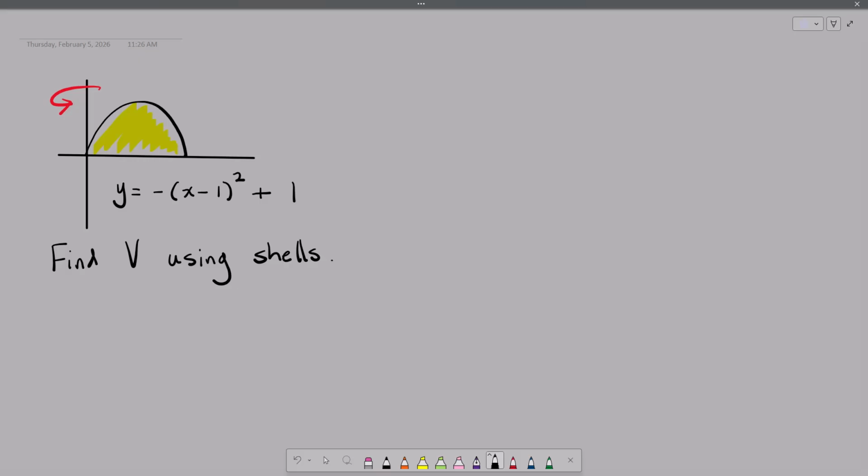And so I think it's from 0 to 2. Or at least that's like the radius. Yeah, I think 0 to 2 would be the limits.